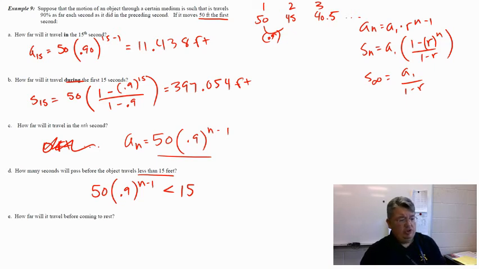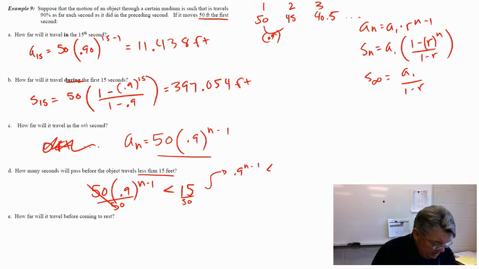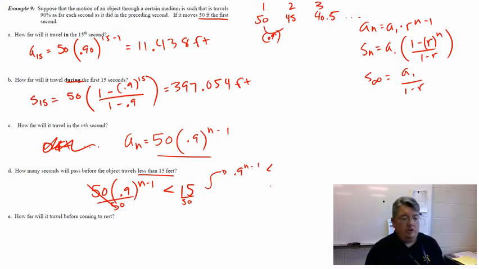That's curious. If I solve that, I'm going to divide by 50. And I get 0.9 to the n minus 1 is less than 15 over 50. 15 divided by 50 gives me 0.3.